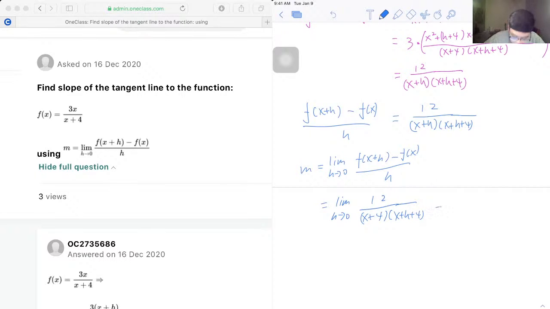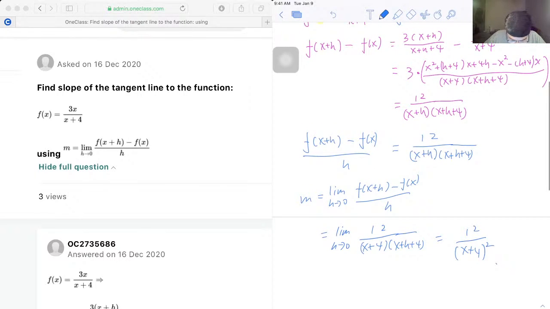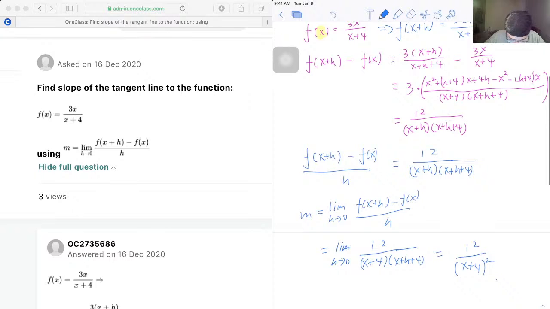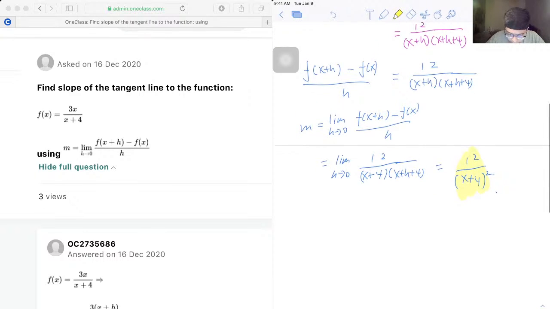That will be equal to 12 over (x plus 4) squared. So that will be our final answer.